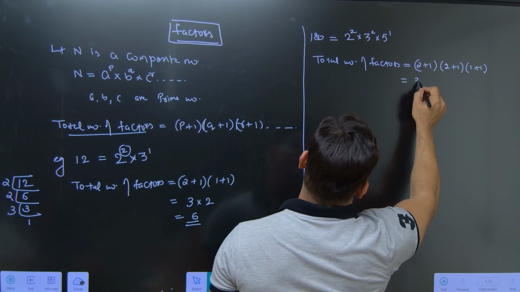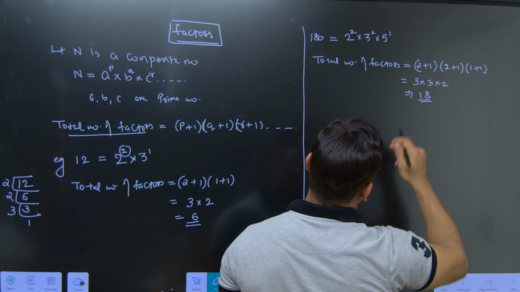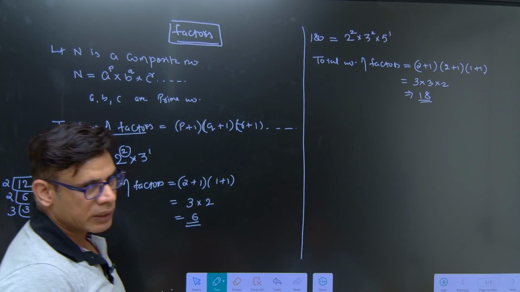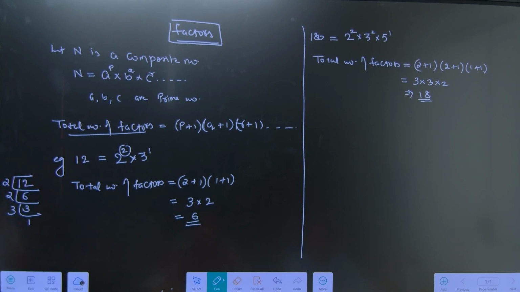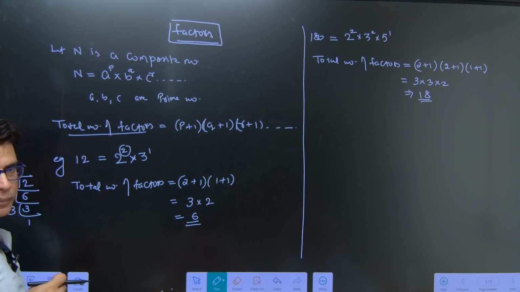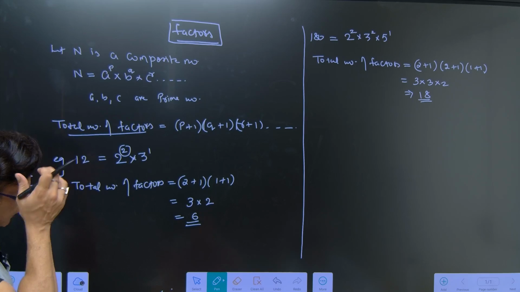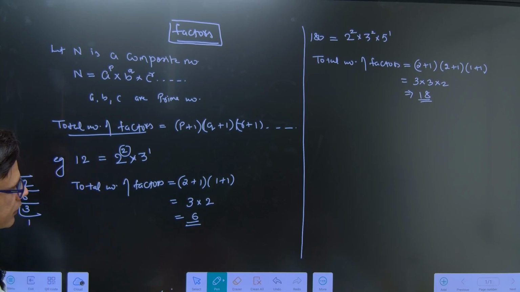So 2 plus 1 is 3, into 3, into 2. How much is it? 18. So how many factors will 180 have? 18 factors, right? 180 will have 18 factors.